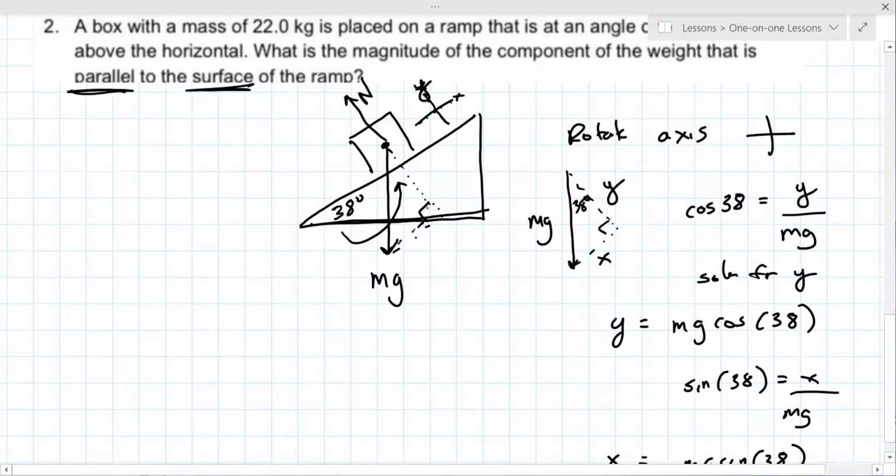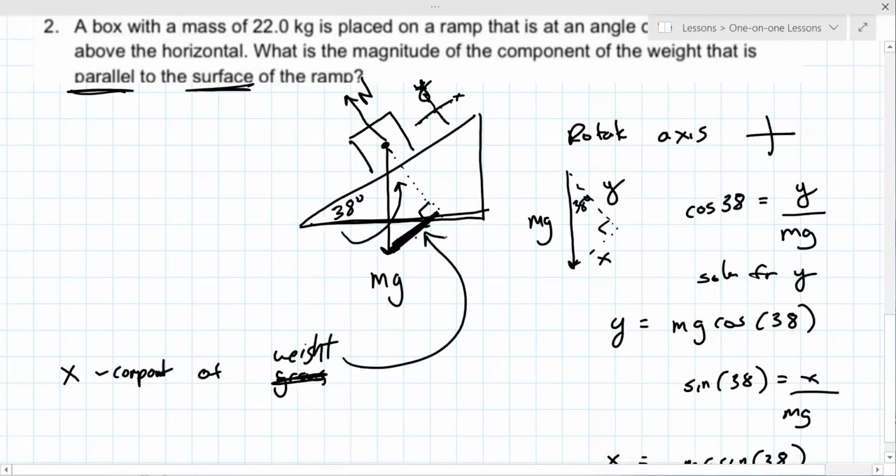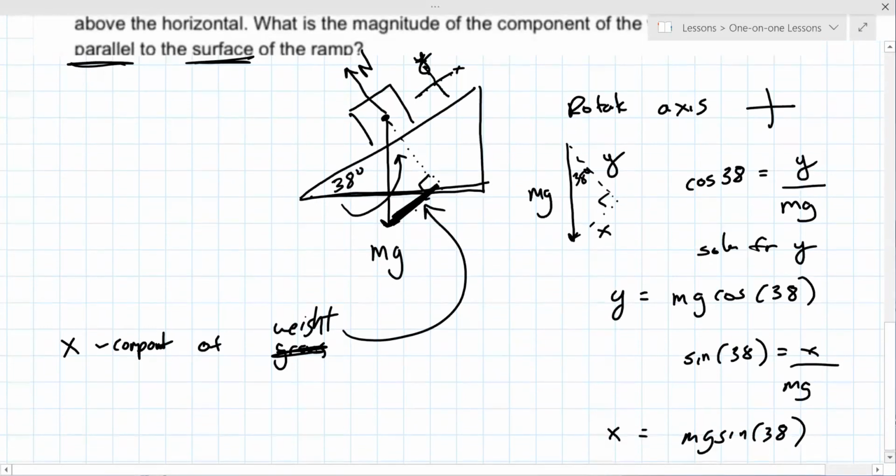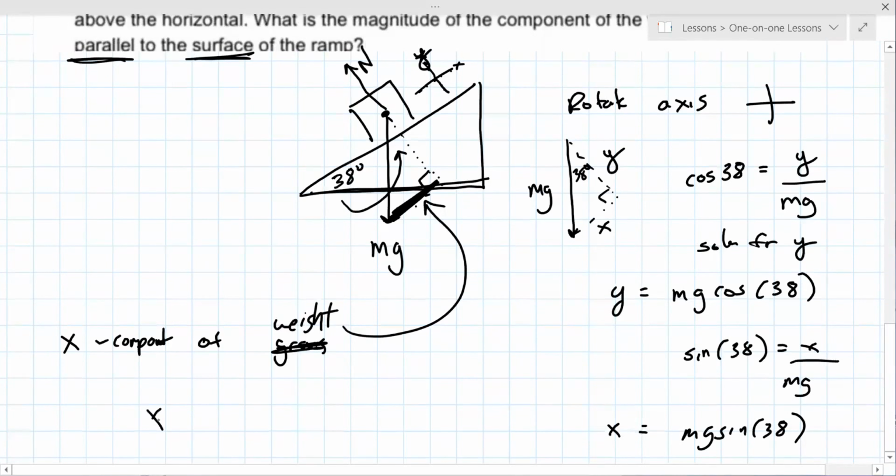So this means the x component of weight. They're asking for that one over here to the right: x equals mg sine 38.